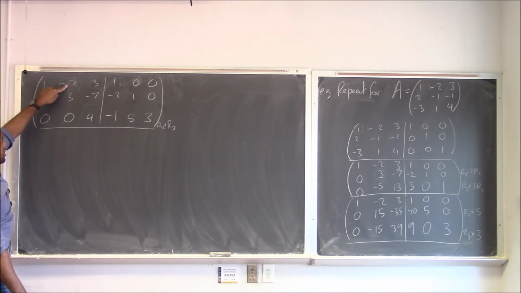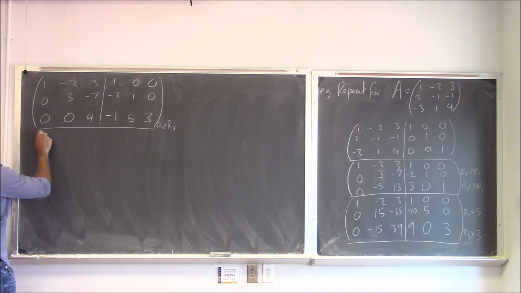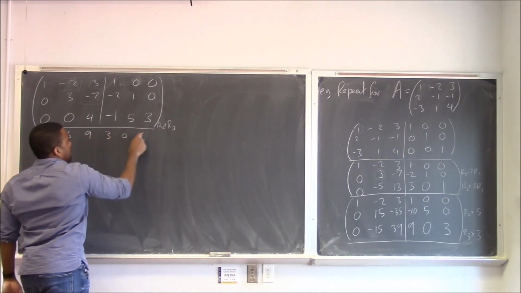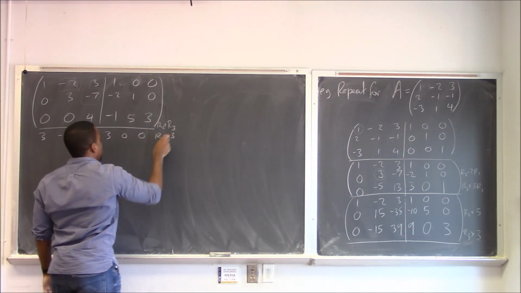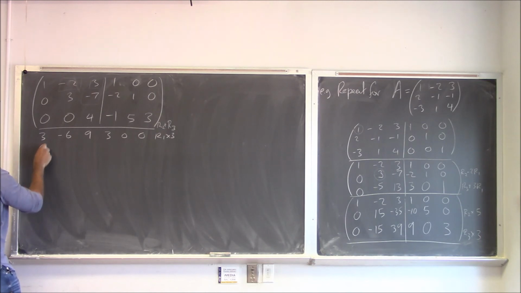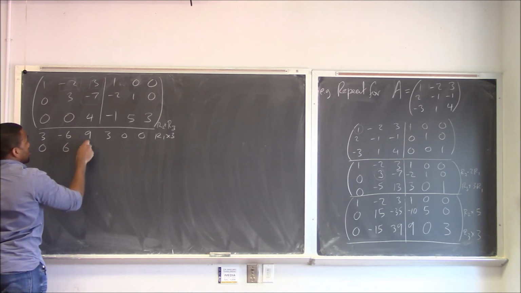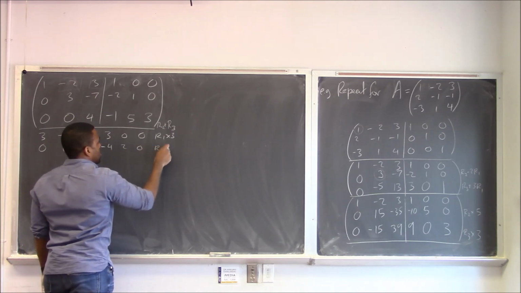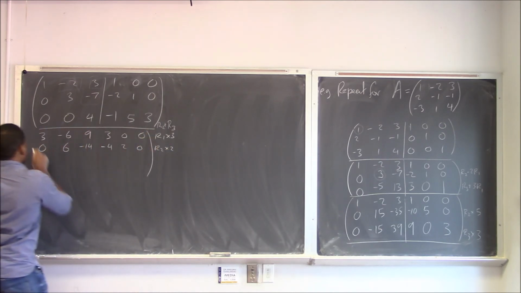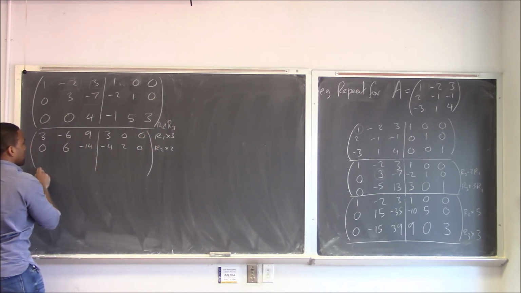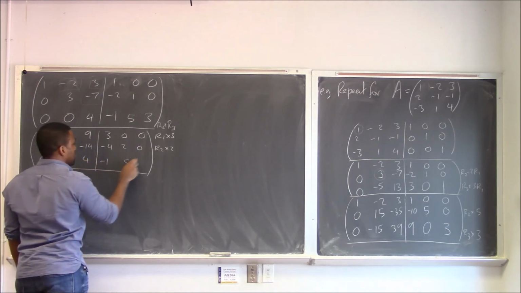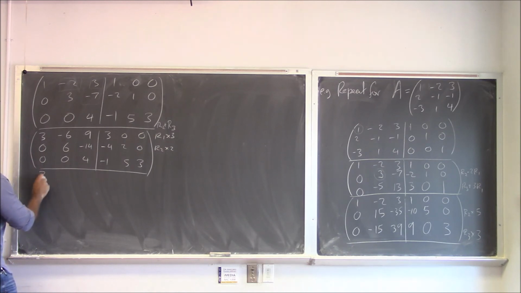Let's work on this guy. How do I make that 0? Multiply this by 3. And I multiply this by 2. Add these guys.